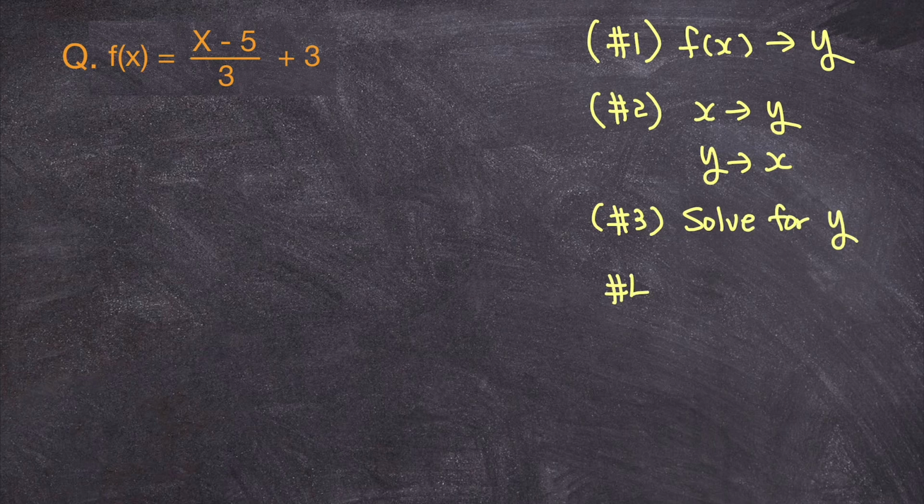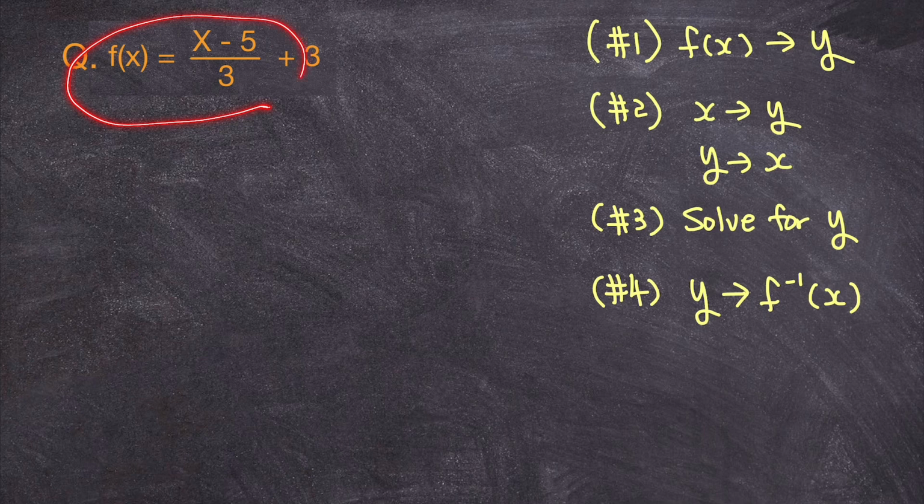And then lastly, the fourth step is, once you are done solving for y, you need to replace y with the inverse function sign, which is f to the power of -1 of x. So that's it. As long as you follow these 4 steps, you'll be able to successfully take the inverse of this given function. So let's get started.